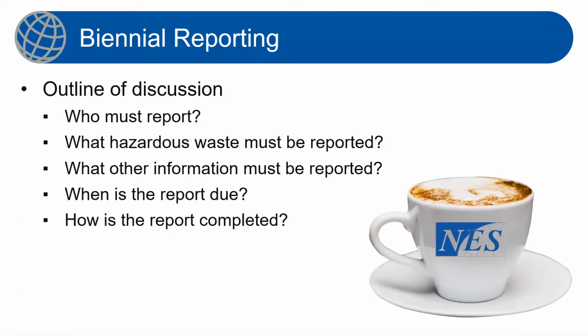So we'll provide that information. And then we're going to look at the specific information and elements that we have to report, not only for our site, but specifically for each of those hazardous waste streams that are subject to the biennial reporting. And then we'll talk about the due date for the report. How we complete and submit the report will be the final section.